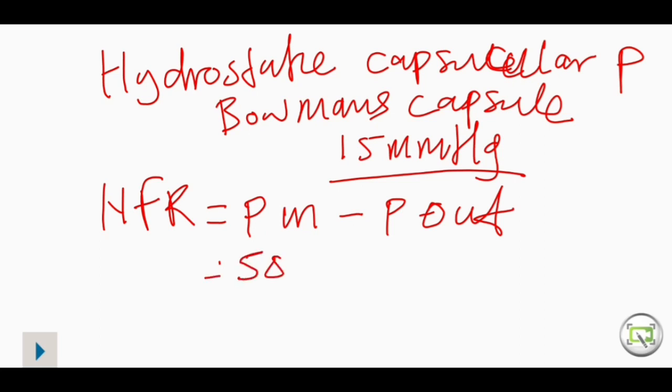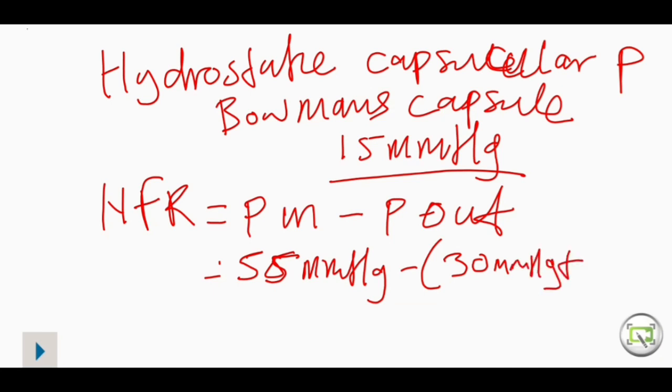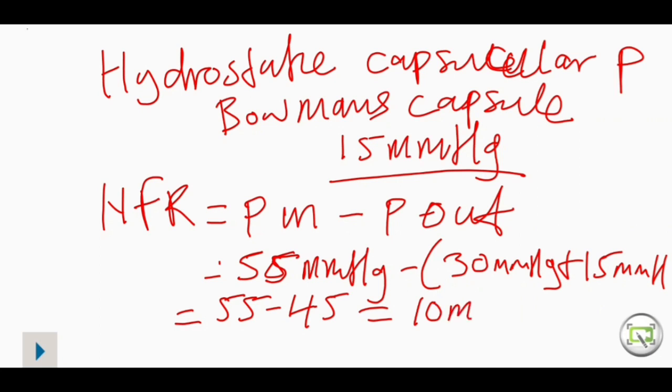In this case, we have 55 millimeters of mercury for the glomerular hydrostatic pressure that pushes, and 30 and 15 millimeters of mercury that pull. When these are added, it gives 45. So 55 minus 45 gives 10 millimeters of mercury as the net filtration pressure.